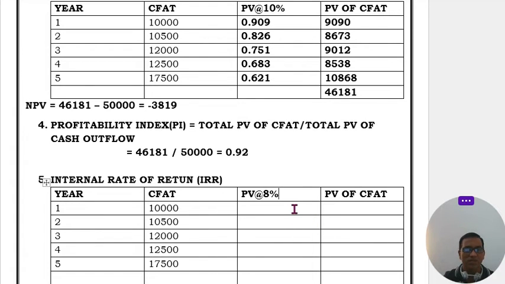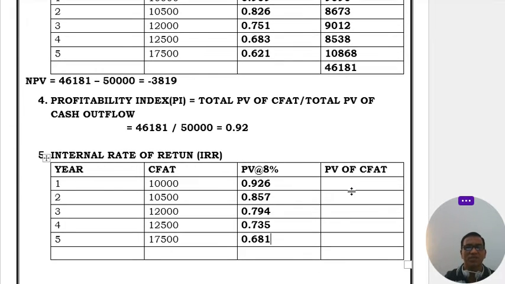What are the 8% table values? 0.926, 0.857, 0.794, 0.735 for the fifth year... sorry, fourth year, and 0.681. These are taken from the table values.